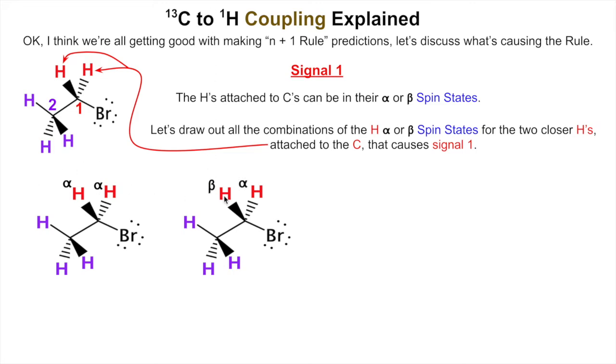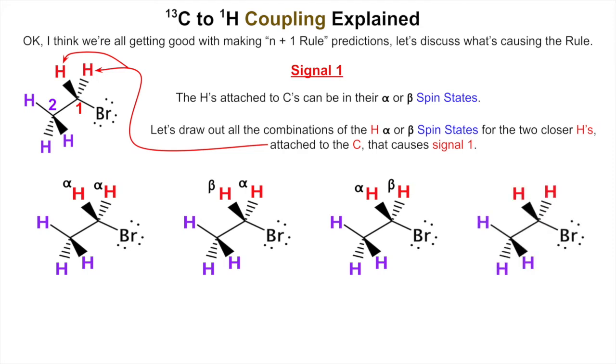Say I chose that wedged out one to be beta just randomly. It could have been that the wedged out one in this configuration is alpha, and the back one is beta. So I got that combo. And there's one more combo. Can you think of what it is? I bet you guessed right. Beta and beta. So that's all the possible combinations of the red neighbors that are closer.